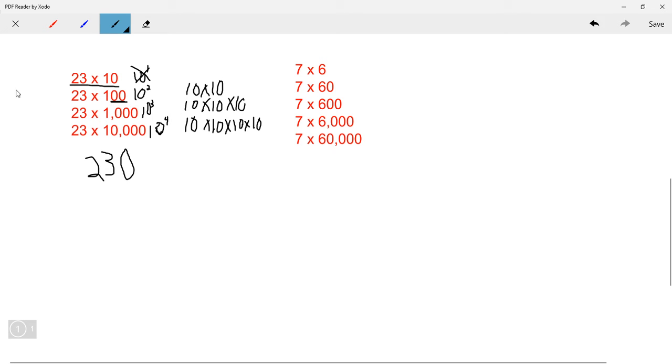So this one is 23, and then add 2 zeros. This one I'm adding the 3 zeros here. So 23, 0, 0, 0. So 23,000. This one I'm adding 4 zeros. So that would be 230,000. Okay, so it's quite easy.